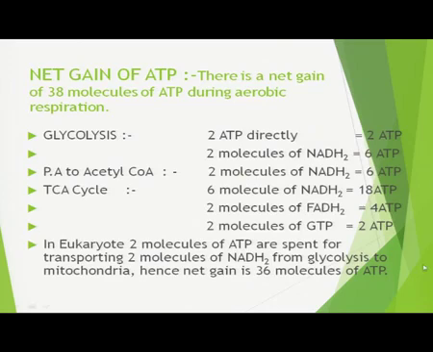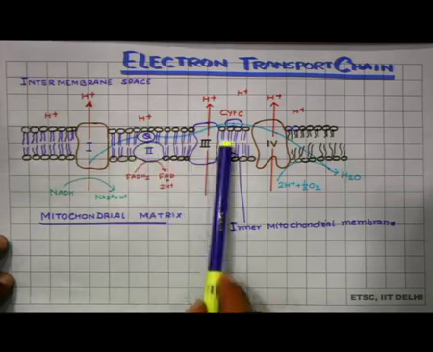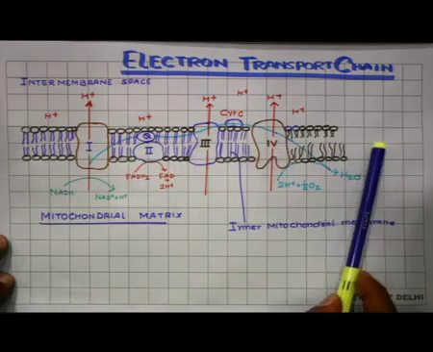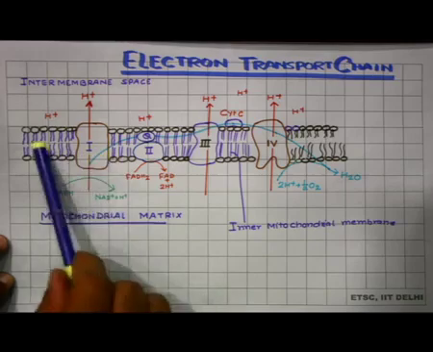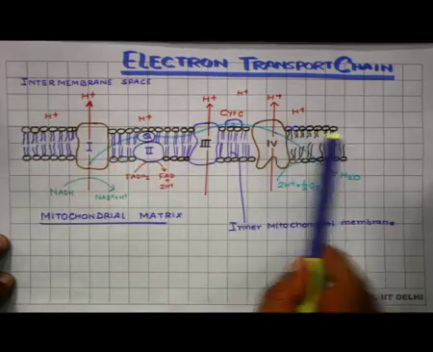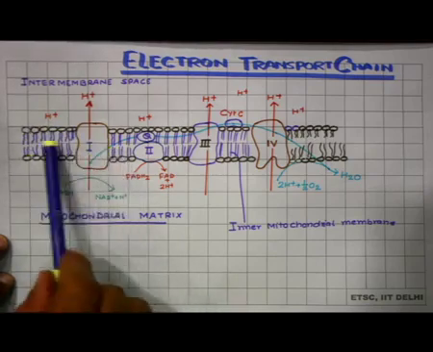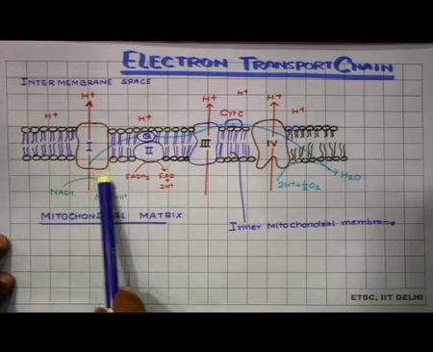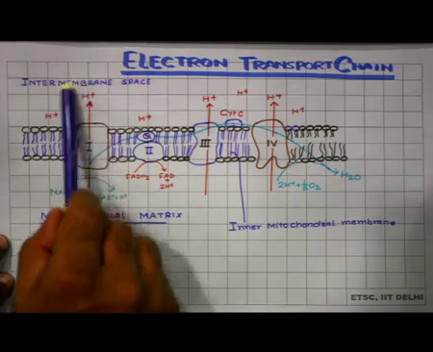So, now we can summarize the electron transport. There are 5 types of cytochromes, that is cytochrome 1, cytochrome 2, cytochrome 3, cytochrome 4 and cytochrome 5. These cytochromes help in the transport of electrons from one cytochrome to another cytochrome. Here you will find a plasma membrane like structure, where phospholipids are there, and in the first complex this NADH is converted into NAD plus H plus and H plus is released here.